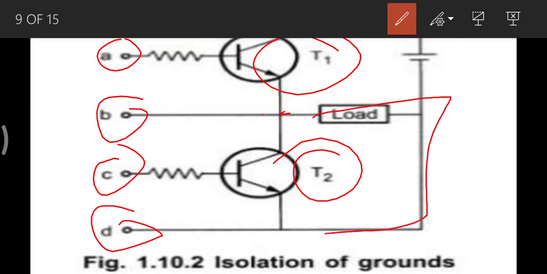If there is any short circuit on the load side, there is a possibility of short circuiting of C and D. This C and D is connected to the triggering circuit, so there may be a possibility of damaging the circuit. That's why we have to isolate the triggering circuit.